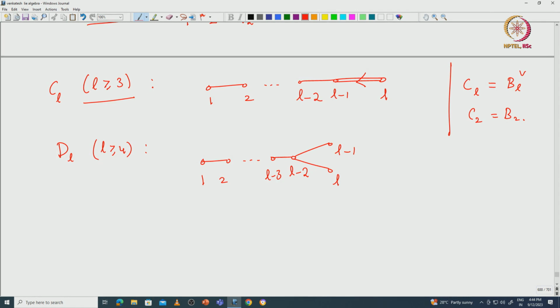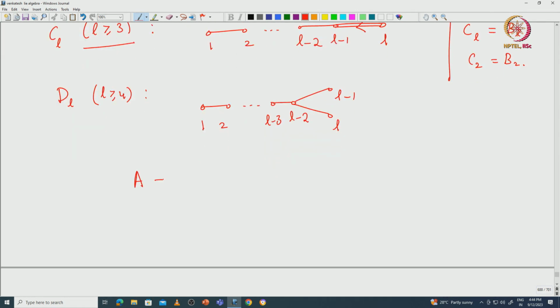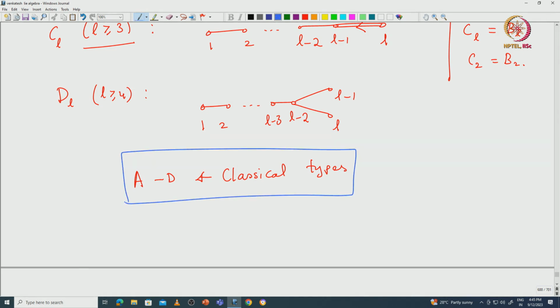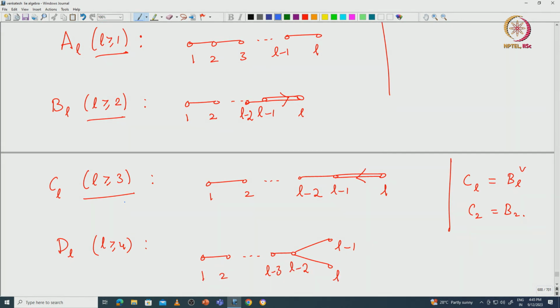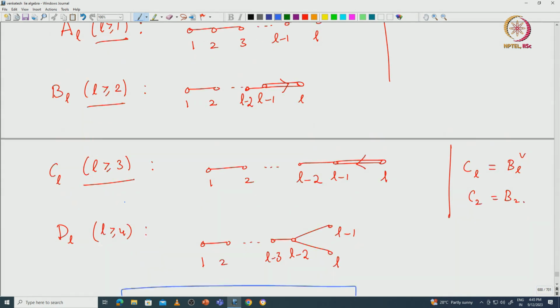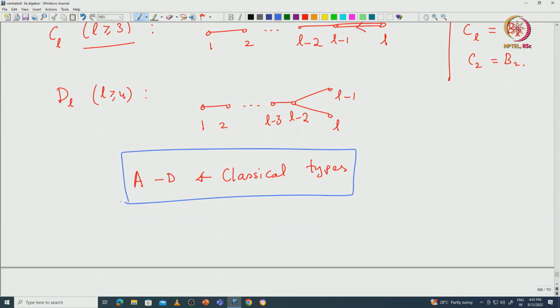So this is the type DL, and these types A to D are called classical types of root systems. So these are 4 classes of infinite families of root systems. For each L, we have infinitely many possibilities, and these AL, BL, CL, DL are all irreducible root systems of classical types.